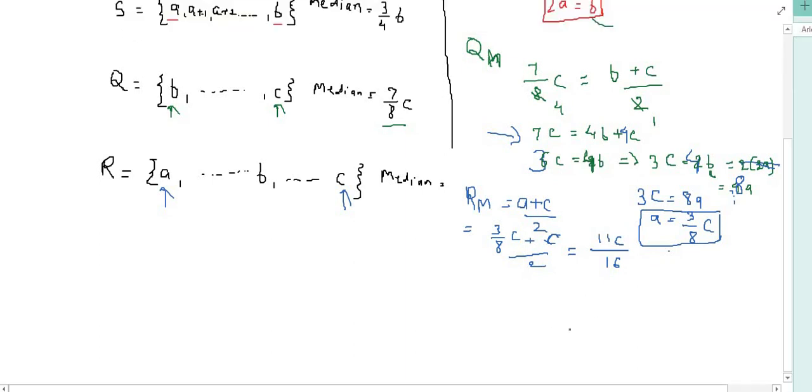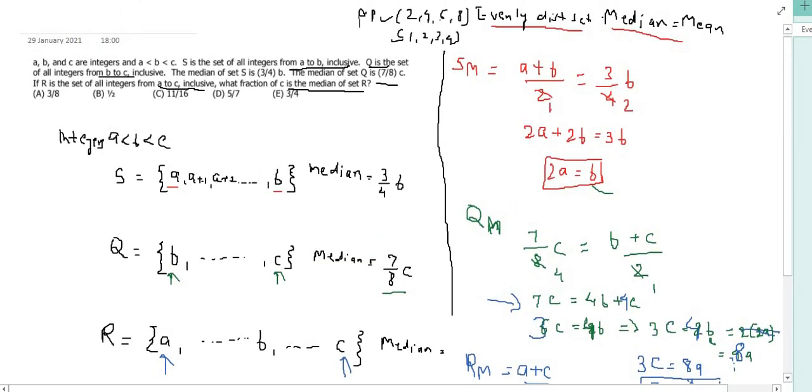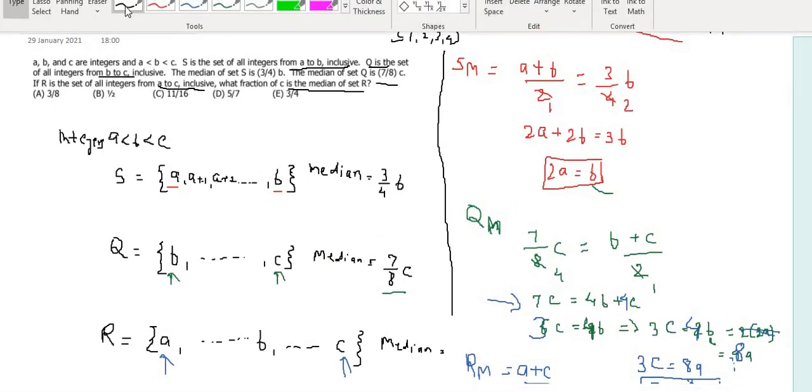Your median is 11C by 16 and in the denominator it is C. C and C get cancelled out, so you will be left with 11 by 16. This is the fraction that we needed. So your answer is going to be 11 by 16, which is given here.